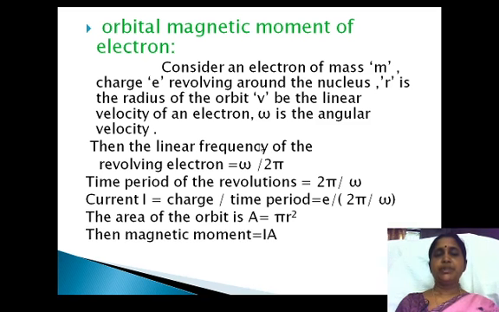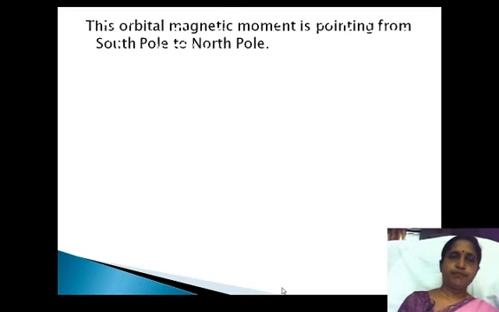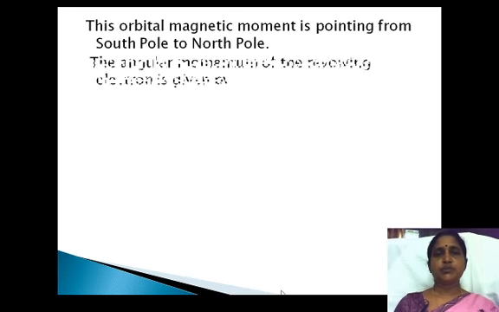Then the magnetic moment mu m is equal to I into A. Here I is the current, e by 2 pi by omega, and the area is pi r square. So we substitute: e omega by 2 pi times pi r square. We obtain e omega r square by 2. So this orbital magnetic moment is pointing from south pole to north pole.